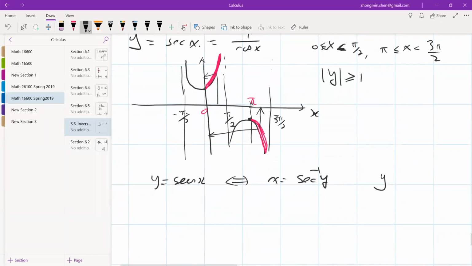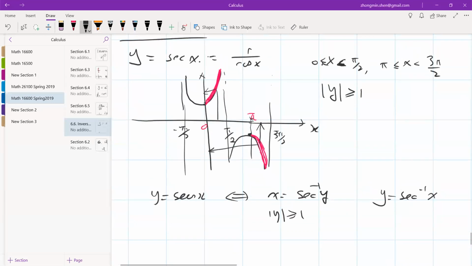Then you get the function y equals arcsecant x. Because the y value here is greater than or equal to 1, and the x could be in any of these intervals.